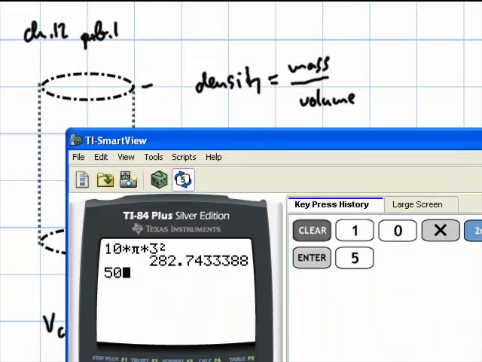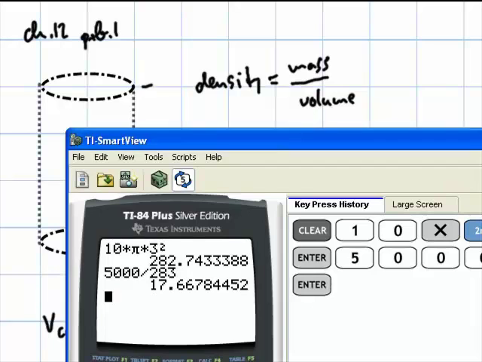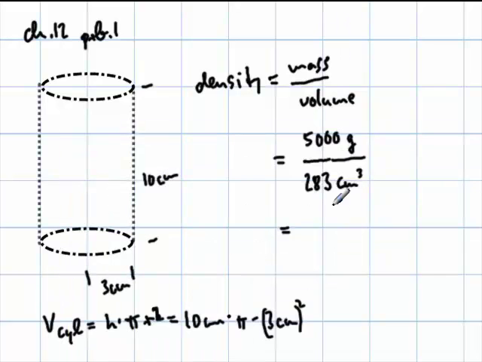So 5,000 divided by 283. I come up with a rounded 18 grams per cubic centimeter.